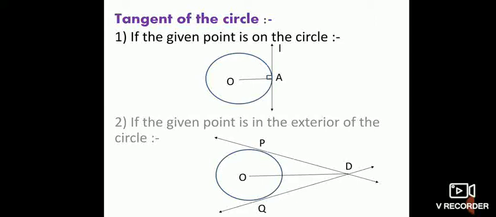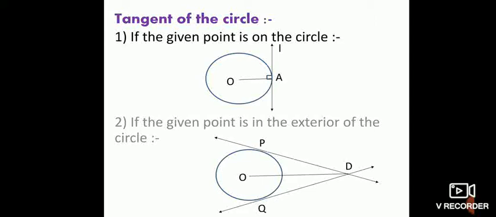It depends upon the position of the given point with respect to that circle. If the point is in the interior of the circle, we can't draw a tangent to the circle.